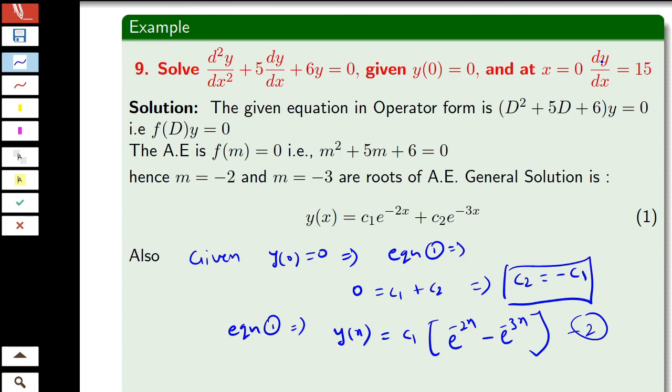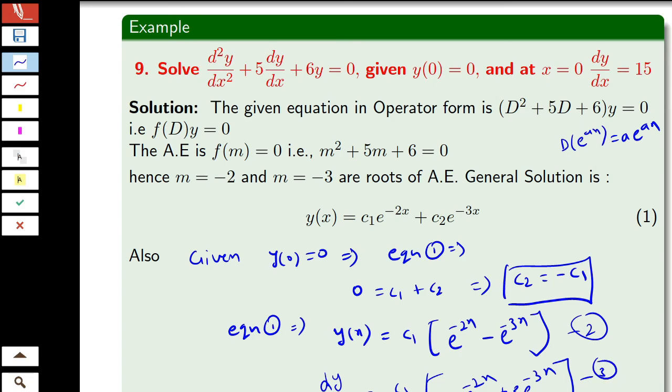Another condition is dy/dx at x = 0, so we need differentiation with respect to x. We know the derivative of e^(ax) is a e^(ax). So here −2e^(−2x), and −3 into −c1 gives 3e^(−3x). The given condition dy/dx at x = 0 is 15, and this is equation 3.